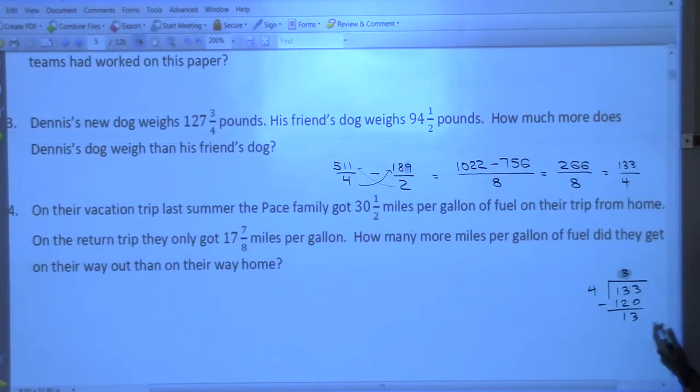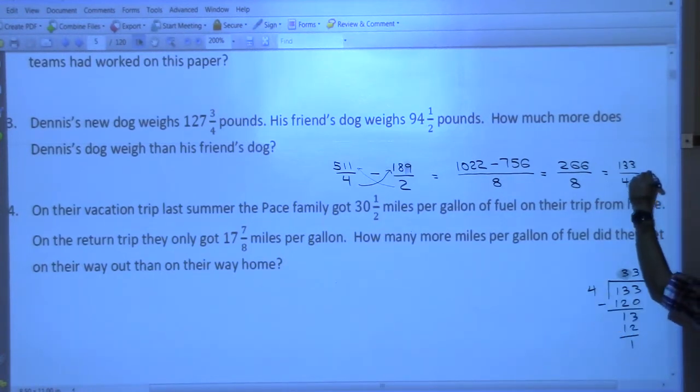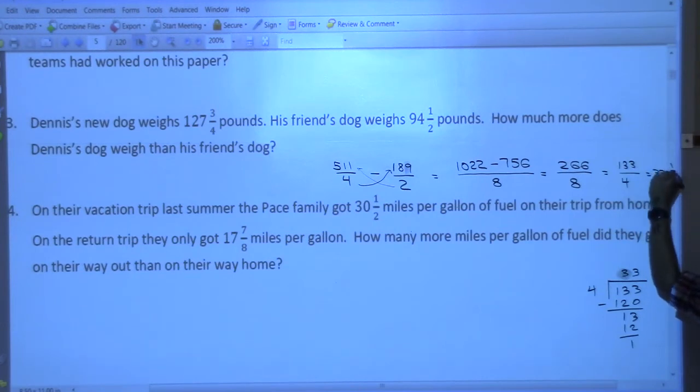Remember I said there are certain things I assume you know how to do. This division is something I assume. 4 goes into 13 again, 3 times 12, 1 left over. So I'm going to have 33 and a quarter. 33 and my remainder over the divisor. So this is 33 and 1/4 pounds, right?